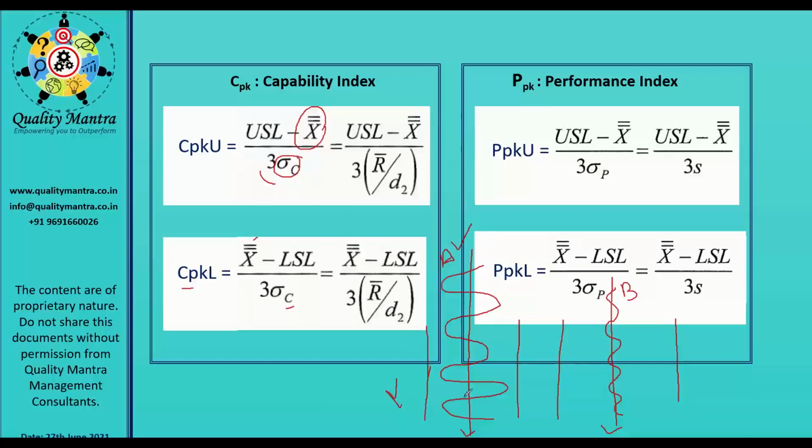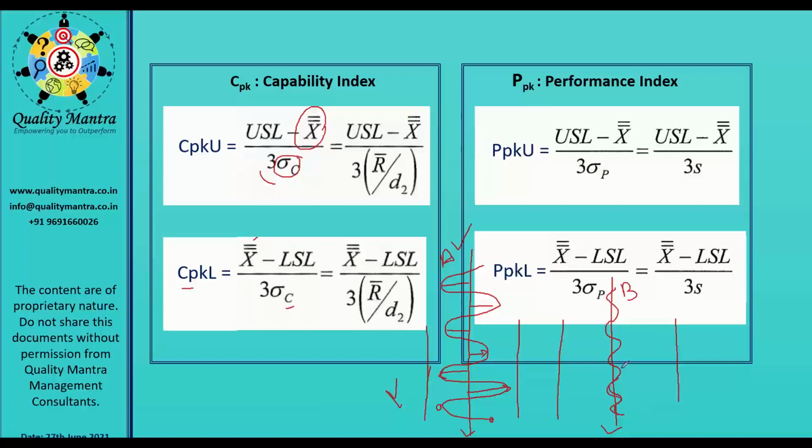We have seen that standard deviation is how far the values are from your center line. Basically, it's the variation, calculated from the variance, or from the ranges, R bar by D2. With R bar by D2, it is the range between two values, how far it is changing. If it is very close, your R value will be very low.